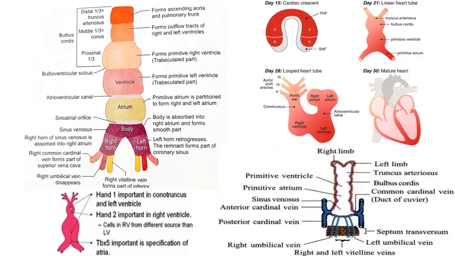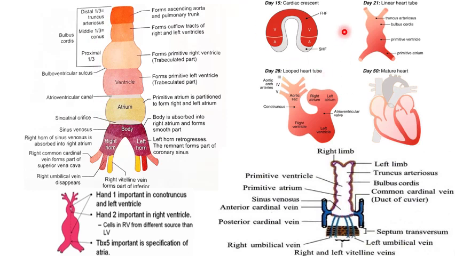Initially, the longitudinal heart tube, the primitive heart tube, presents 4 dilatations. This is a very diagrammatic representation for you to know. The first dilatation is bulbus cordis, next is primitive ventricle, then primitive atrium, and then sinus venosus.